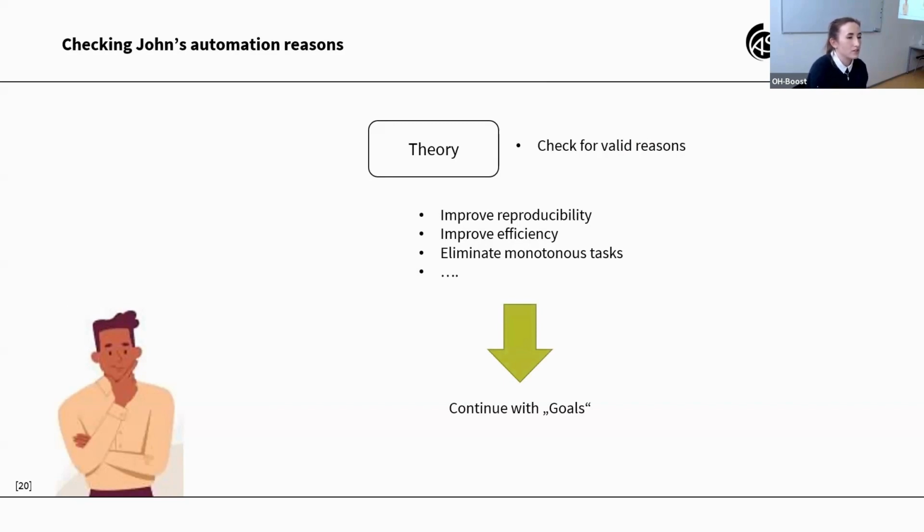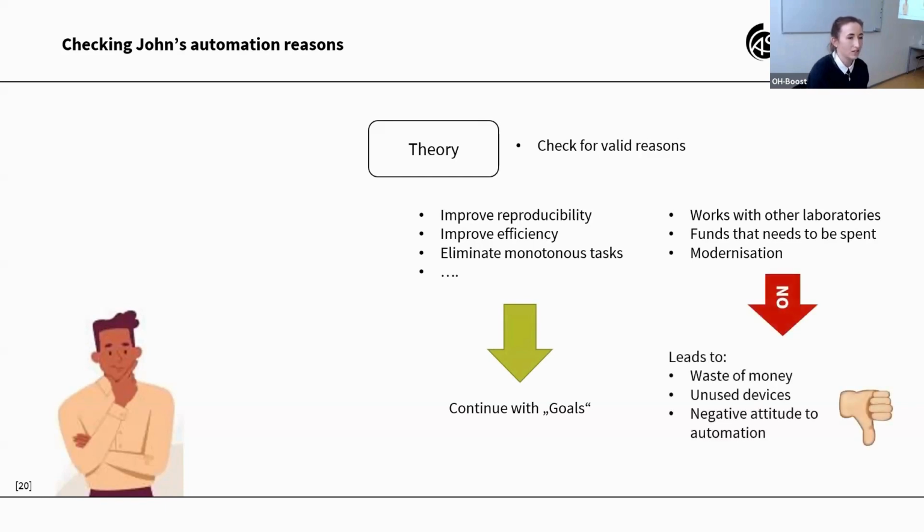But there are also bad reasons for automation. For example, okay, it works for others, so it has to work also for me. I have funds left that need to be spent, or I just want a new device because I want to have a new feeling in my lab. These are bad reasons because they lead to waste of money, unused devices, and in the worst case a negative attitude to automation that could mean you exclude automation forever in your organization, and that would be very sad.